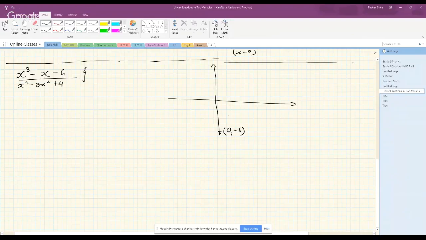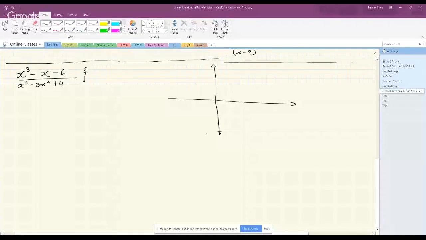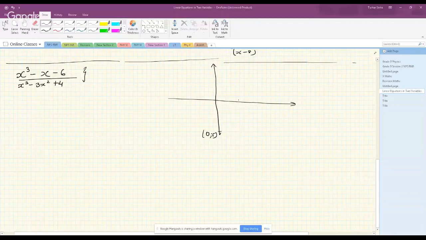Let me just erase this. So this is 0 comma minus 6, and this is 1 comma minus 6.